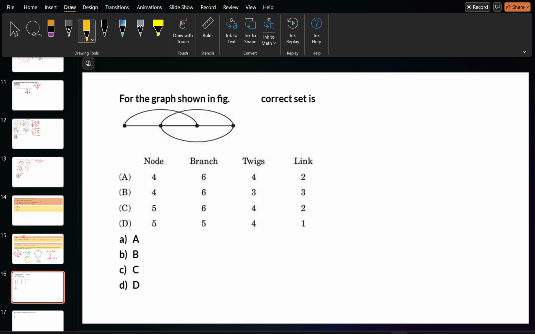Option B, sir. Okay, I got one answer, option B. Let others also solve.